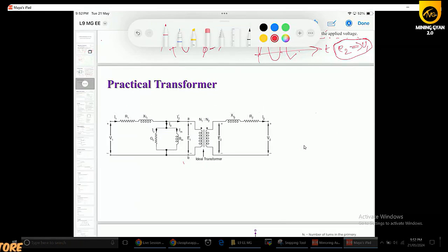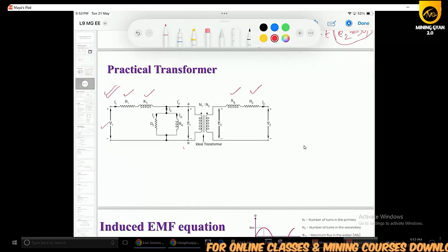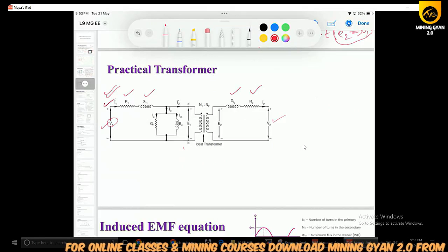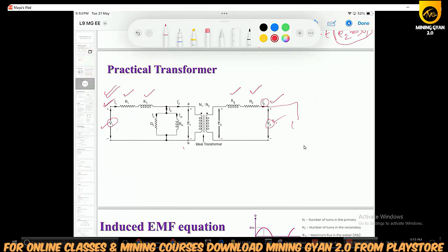So this whole circuit is for the practical transformer, meaning there will be resistance and leakage reactance on the primary side, and leakage reactance and resistance of the secondary winding. These two are the voltages. This is the AC source that we have to apply. This is the source current, this is the terminal voltage, this is the terminal current, and we connect our load at this side.